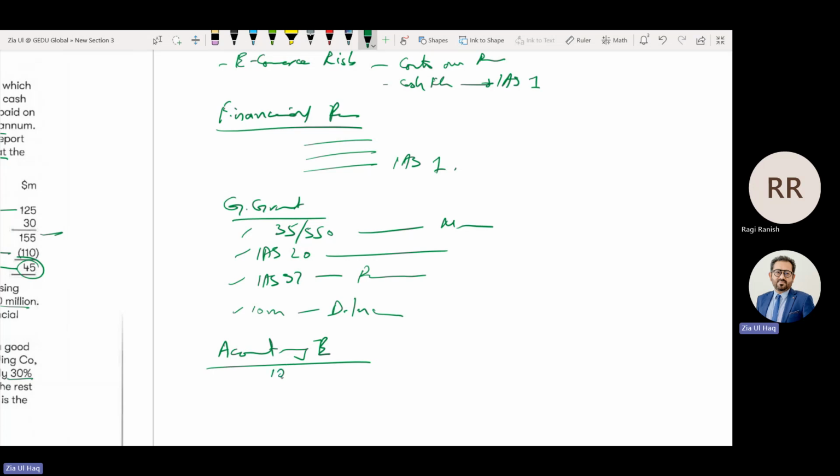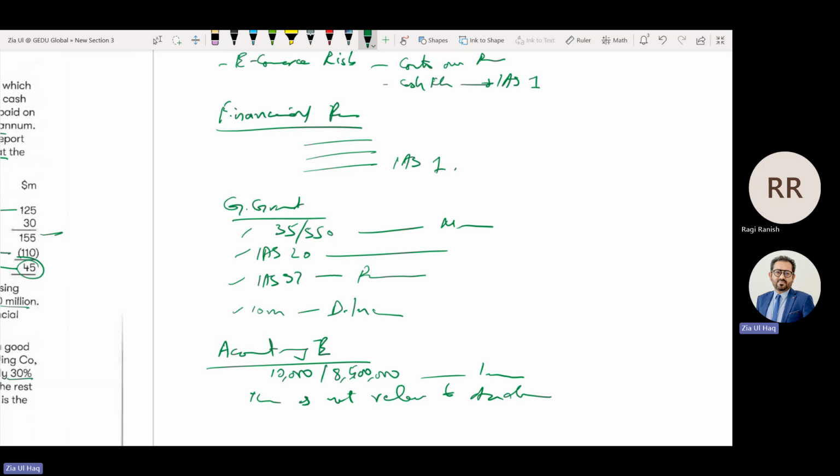How much is the amount? 10,000. If we compare with the 8.45 million company profit, this is what? Immaterial. So we'll say this is not relevant to audit planning as the amount is immaterial.